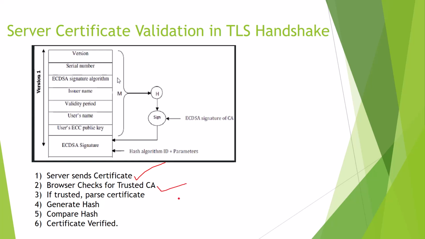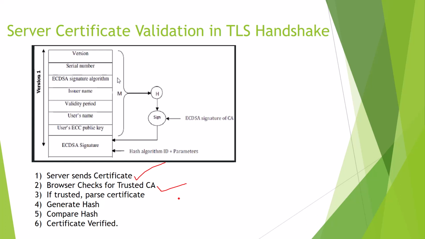Now what is the importance of those public keys? Every certificate that is signed by a CA, the CA uses its private key to sign that certificate, not the public key, because the public key is shared globally. The private key is always kept by the particular party who is signing it, in this case the CA.